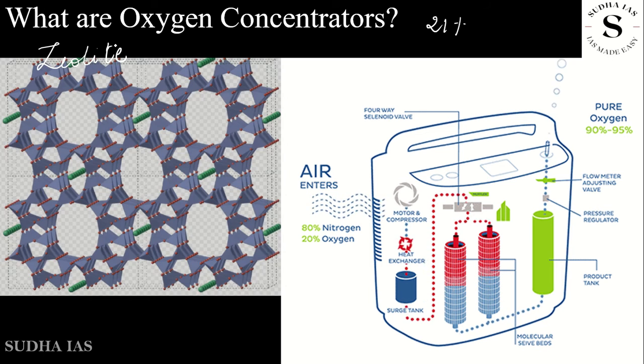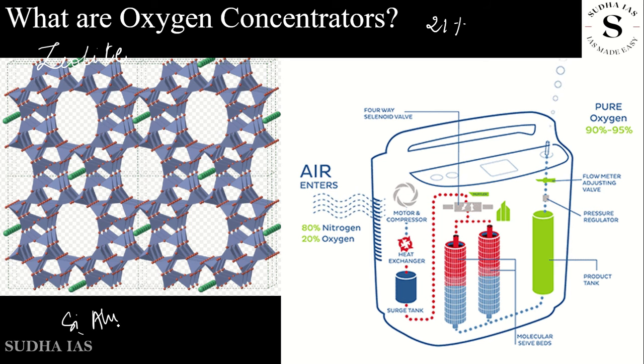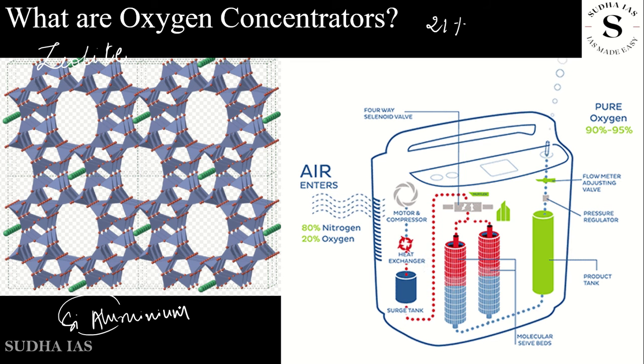Zeolites are crystalline solid structures made up of silicon and aluminium, also consisting of oxygen, that act as molecular sieves. They're commonly used as commercial adsorbents and catalysts. So, zeolite will adsorb nitrogen and only allow oxygen, or mostly oxygen, to pass through.